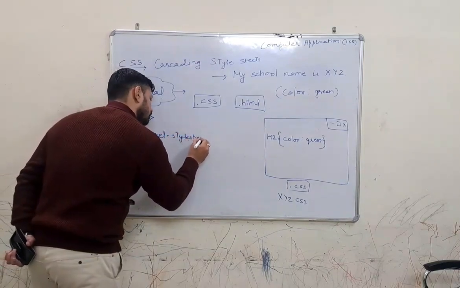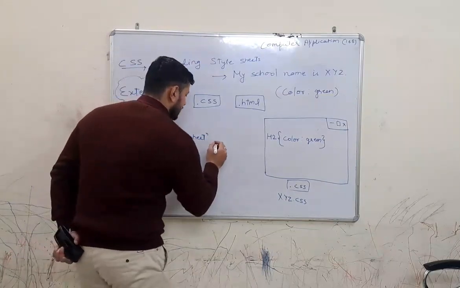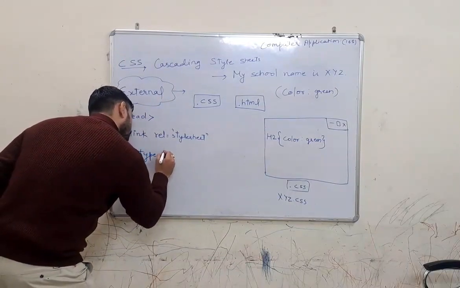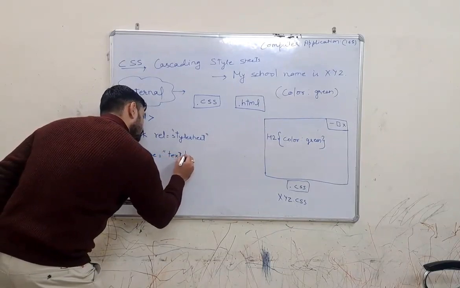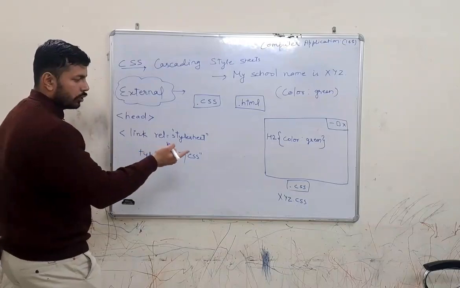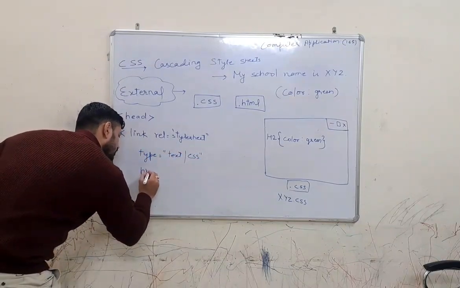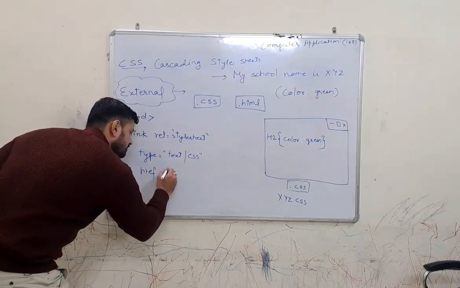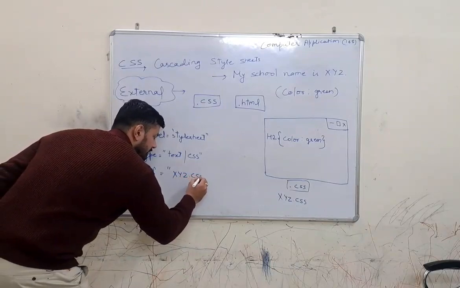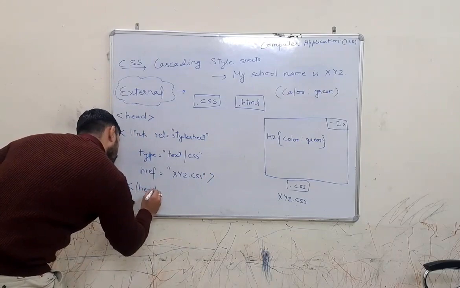Style sheet, and the type of this style sheet: text/css. Then I have to give the location of this file, which is href, the reference, and then xyz.css, and then the head tag will close.